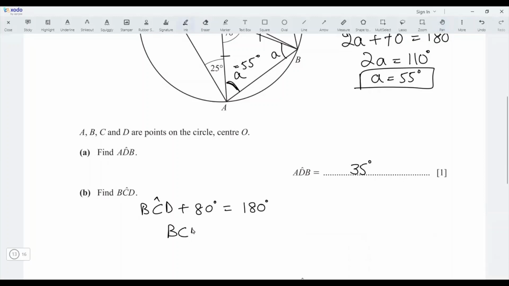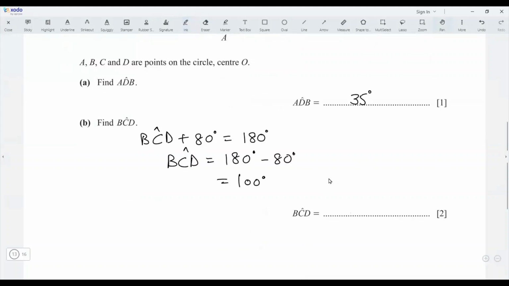So bringing that 80 onto the other side, 180 minus 80 results in 100 degrees. So 100 degrees is the answer. I hope you understand this property. If you're facing any kind of problem, do let me know.